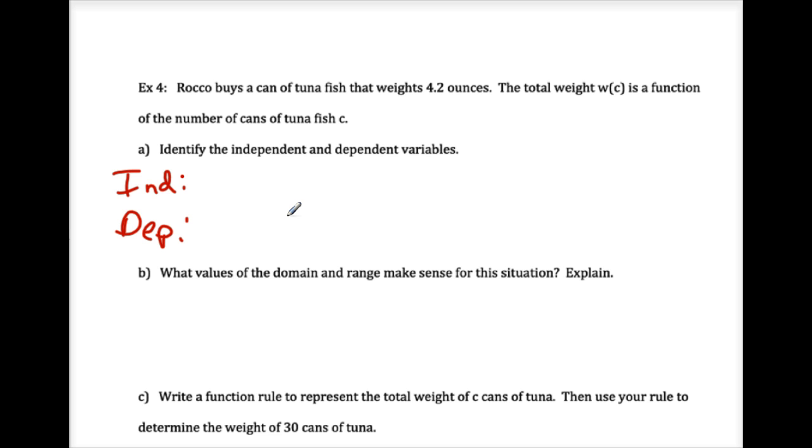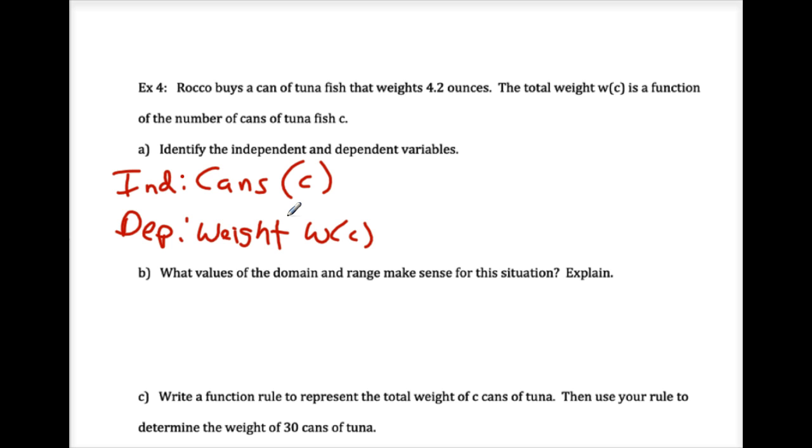So the weight is the dependent, because it depends on the independent, the cans. I'm going to write the variables in there too: C, and the weight is W of C. You can plug in any number of cans and you will then get the weight. You would not plug in the weight and then get the cans. It doesn't make sense that way.